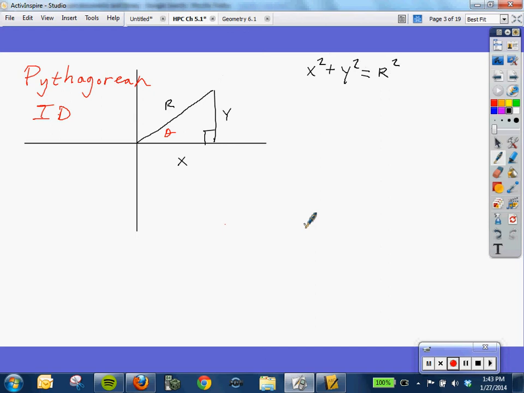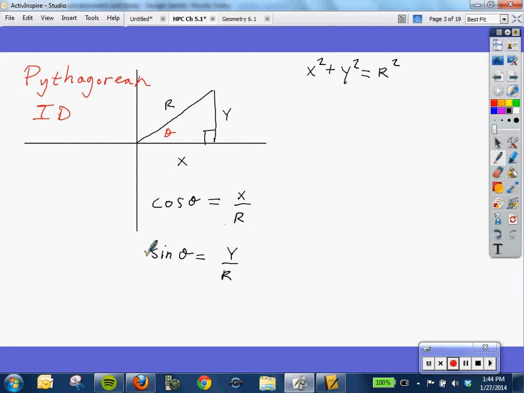So let's go ahead and use this triangle to define cosine and sine. Cosine is adjacent over hypotenuse, or x over r here, right? And sine is equal to y over r. If I were to multiply both sides by r for both of these, I would end up with r times cosine is equal to x and r times sine is equal to y.